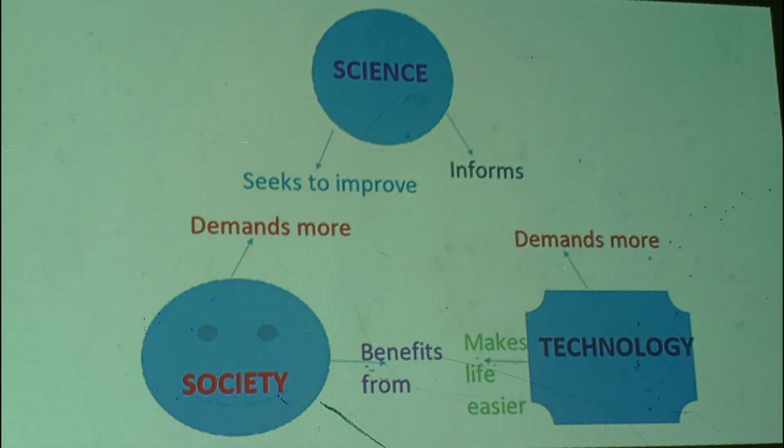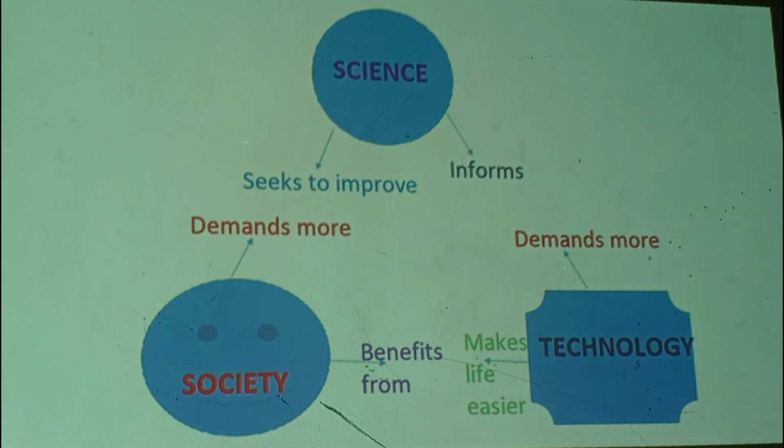We are the recipient. Technology also uses scientific knowledge for making human life easier and to solve human problems in agriculture, in nutrition, in medicine, and so on. Technology makes life easier or solves human problems.